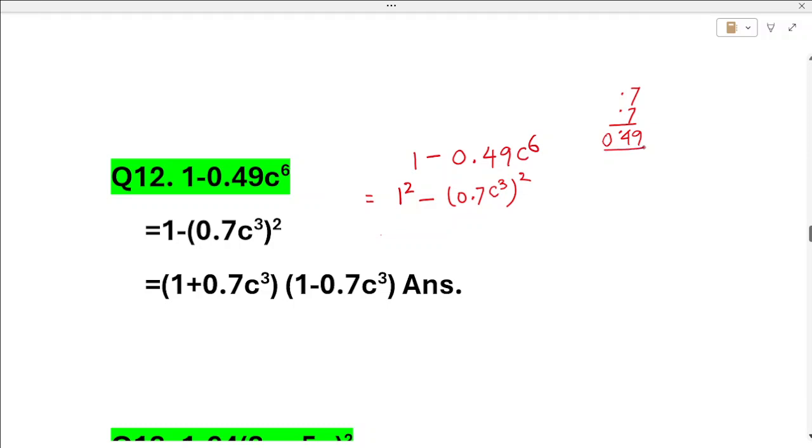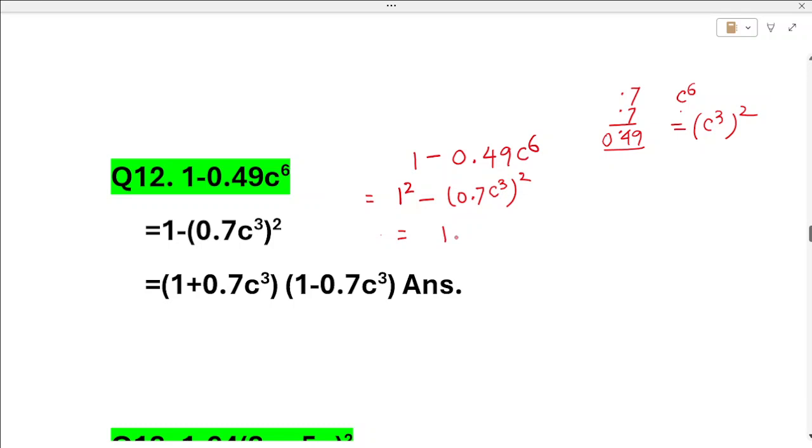And another thing is, we want to express c to the power 6 as a square quantity. So how can we do that? Put it like c to the power 3 squared. So c to the power 6 as a square term is like this. Now we need to express it as a product of sum and difference.